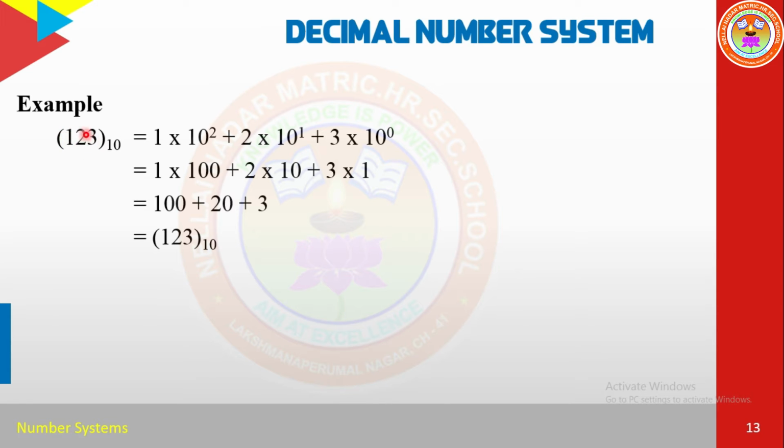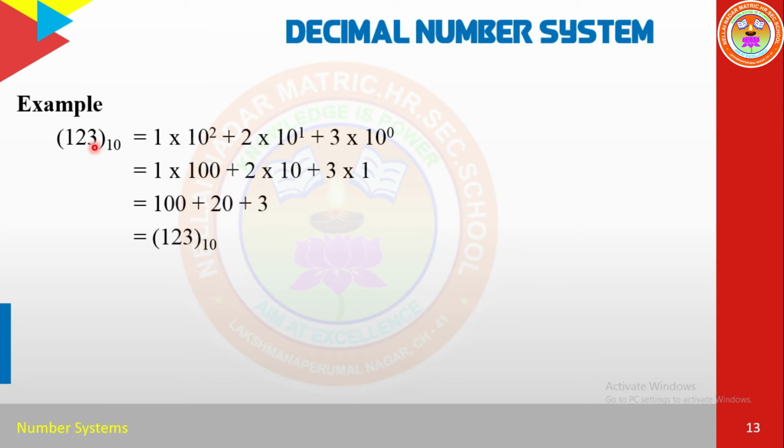Once the given number has base value 10, it is a decimal number. So this is obviously a decimal number. Now we are going to discuss how to frame it. Just write 123 and split the number: 1, 2, 3.